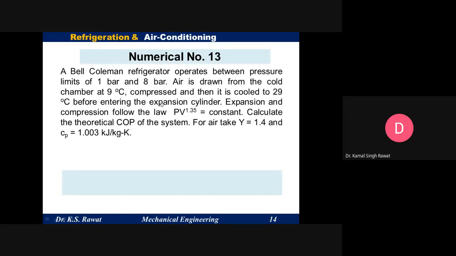Before entering the expansion cylinder, the expansion and compression follow the law PV to the power 1.35 equals constant. Now listen carefully. This is very important and note it down. Polytropic process.